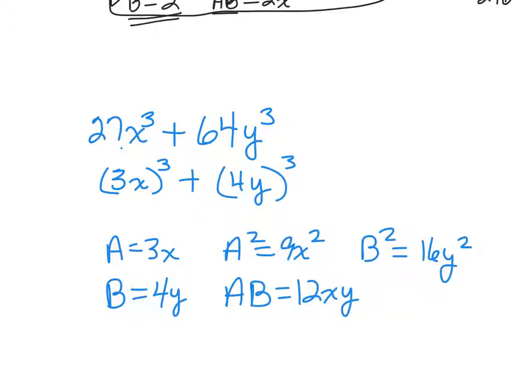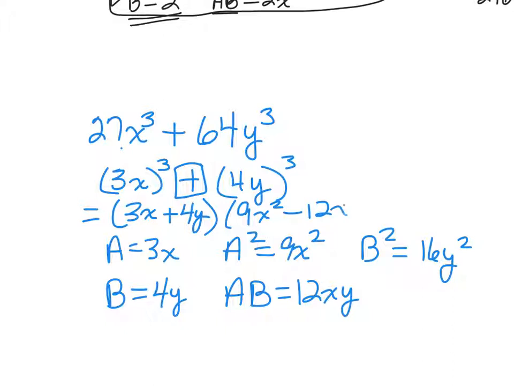Okay, we're going to take those 5 values and throw them into our formula for the sum of two cubes. And that formula says a plus b times a squared minus ab plus b squared.